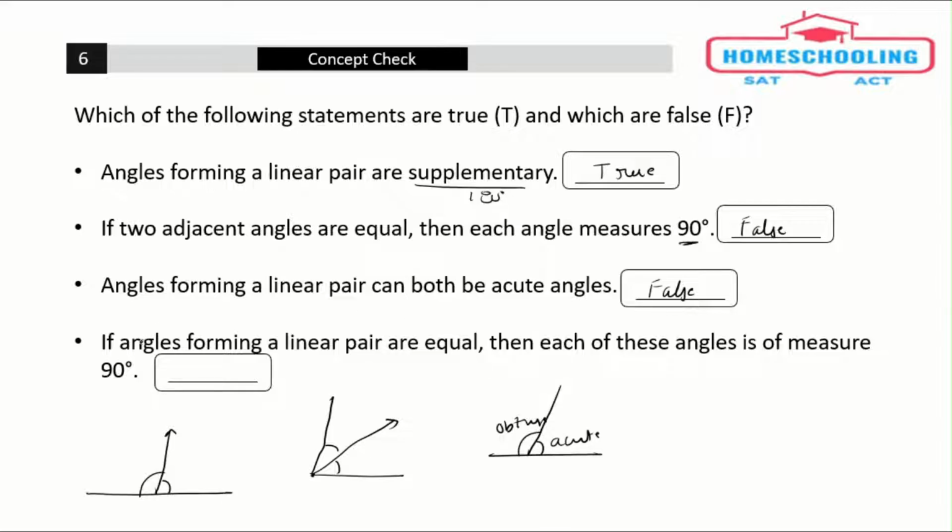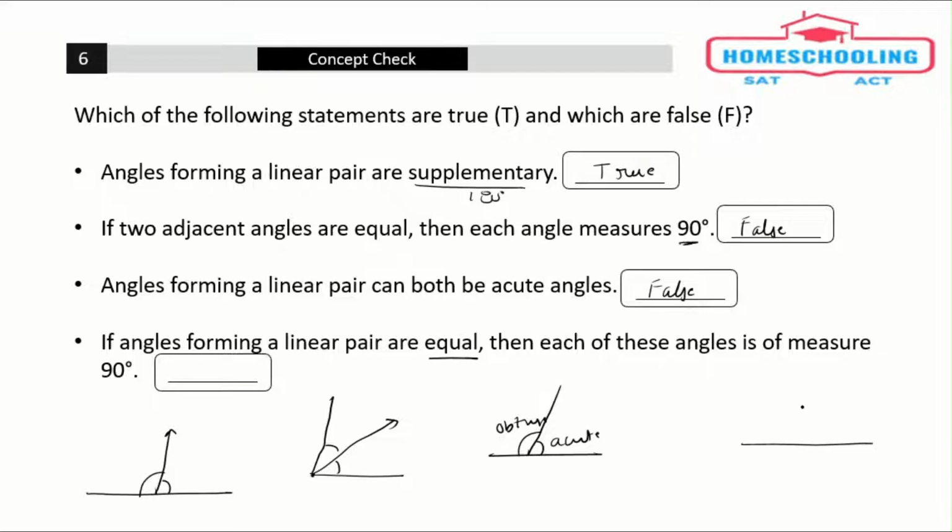Now moving to the next statement: if angles forming a linear pair are equal, then each of these angles measures 90 degrees. So this is a linear pair, and the angles formed are equal.